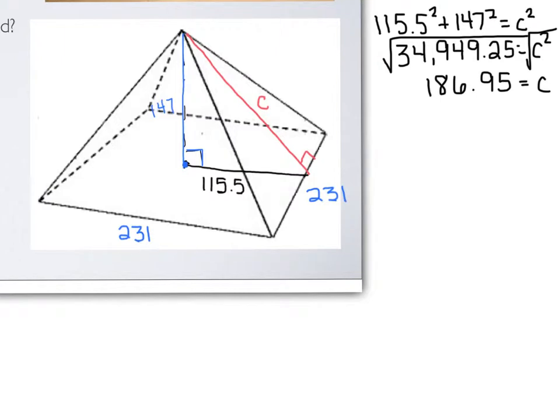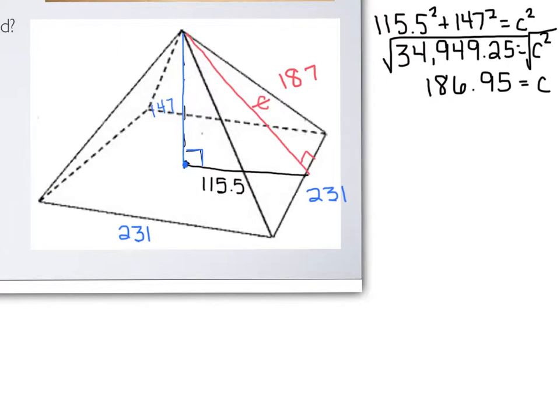I'm going to let you round that to 187, just to make our problem work a little nicer. I am sure that it is not exactly 231 meters on the base; there's some rounding going on there too. So let's make that C value 187.